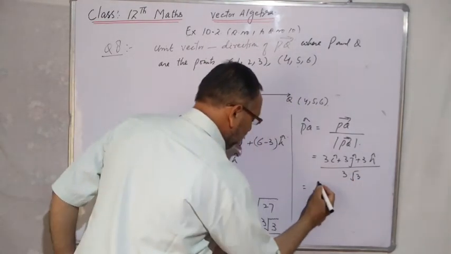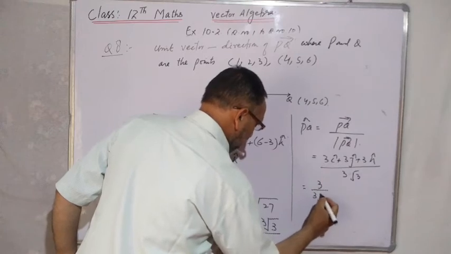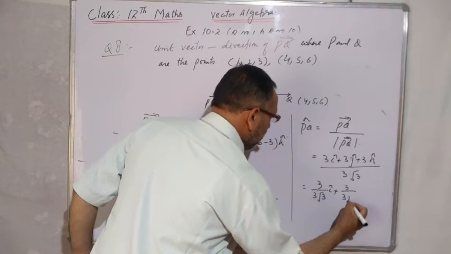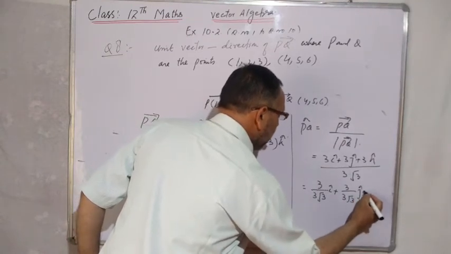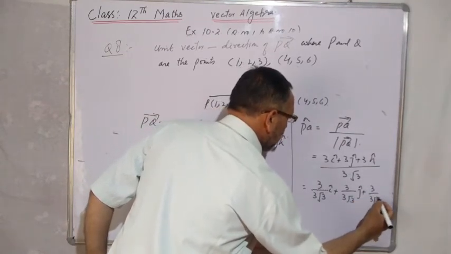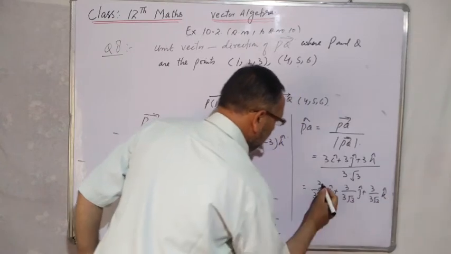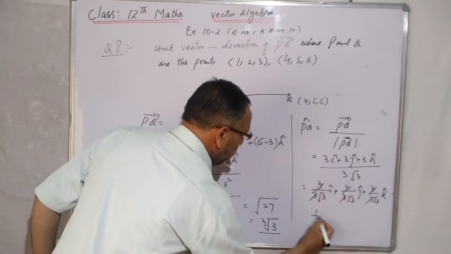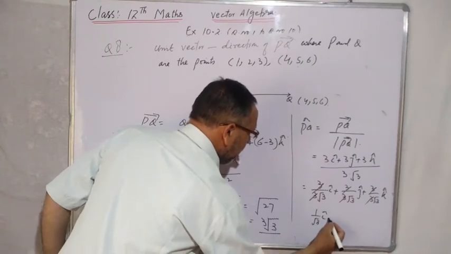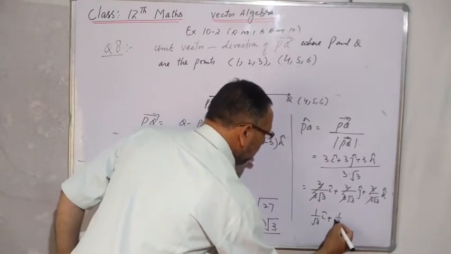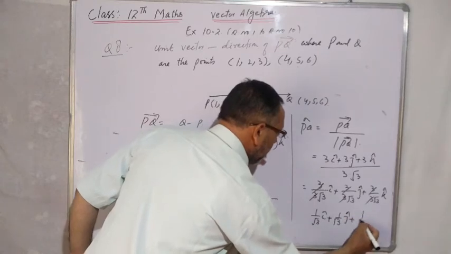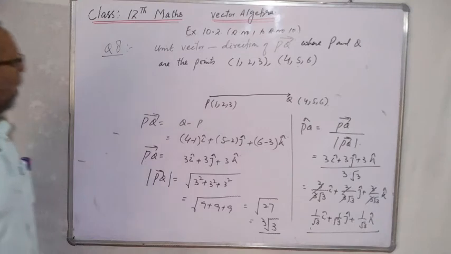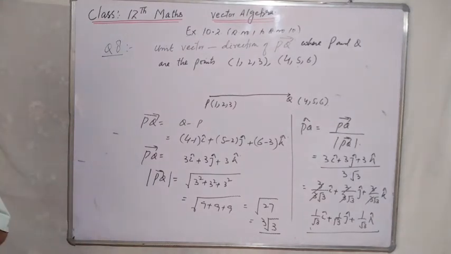So it will be equal to 3 over 3 root 3 i cap plus 3 over 3 root 3 j cap plus 3 over 3 root 3 k cap. 3 and 3 cancel. So it is 1 by root 3 i cap plus 1 by root 3 j cap plus 1 by root 3 k cap. Note it down. Let's move to question number 9.